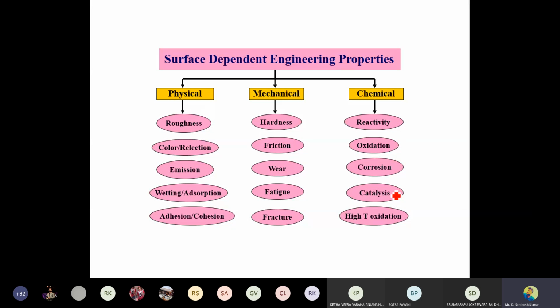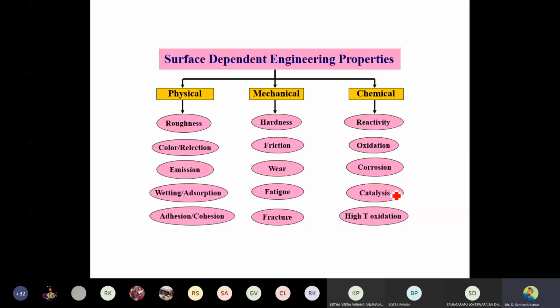And also the mechanical properties: hardness, friction, wear, fatigue, fracture. You can see that all five mechanical properties are only surface dependent properties, not bulk material properties. I hope you know that in your secondary level we did the hardness test. What exactly do we do? We simply form one indentation on the surface.